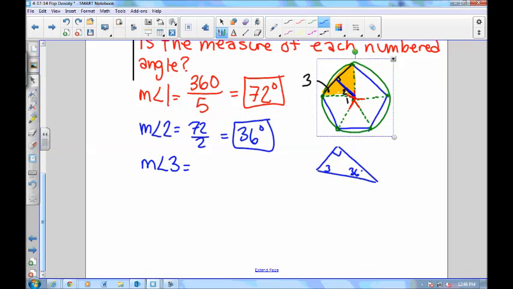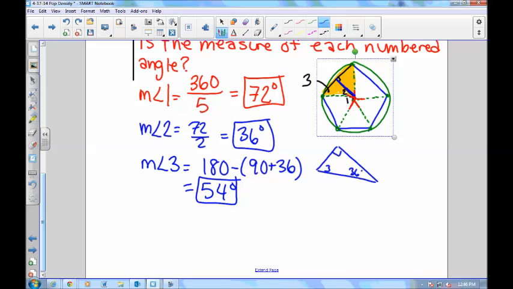How? Yeah, subtract the sum of 90 plus 36. Calculate please. What's the measure of angle 3? I'm hearing 3 different answers. 54 degrees.